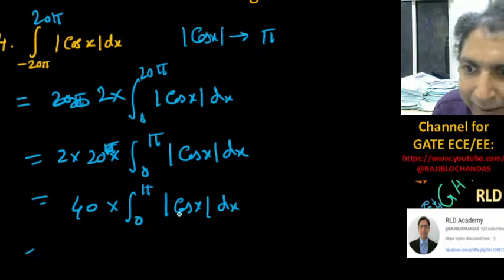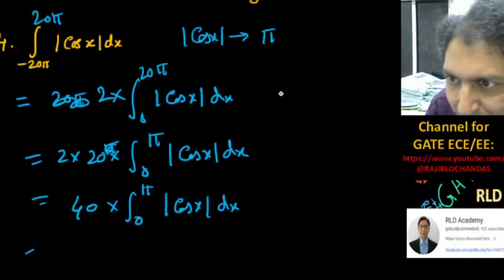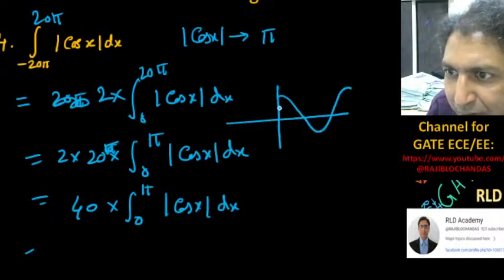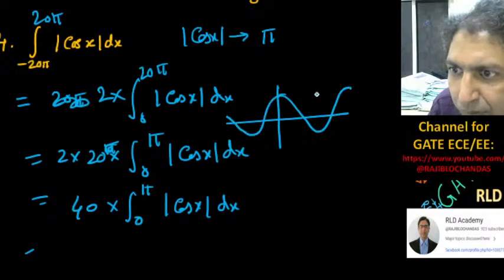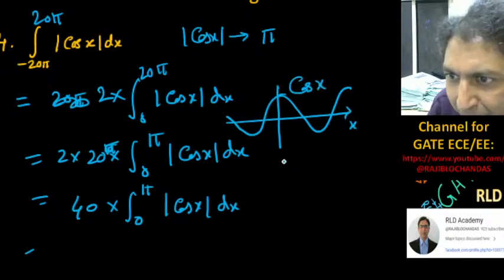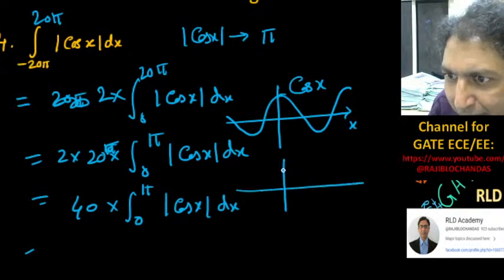So this one again I can do. So what is the graph? This is the cos x graph, but if I consider mod, then this is the graph, and this one, like that.